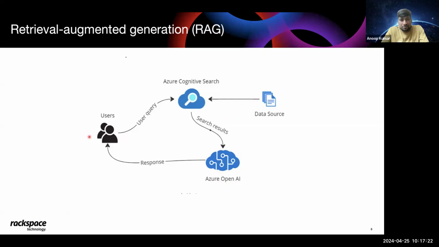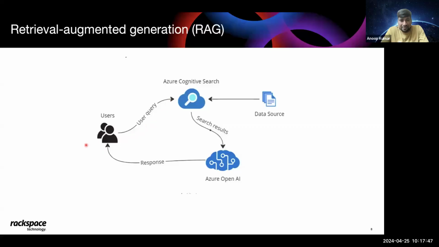Whenever a user makes a query, the query goes to Azure Cognitive Services, the data source is indexed, and once that is done, it comes to the Azure OpenAI services, and the response is provided to the user through Azure OpenAI services.